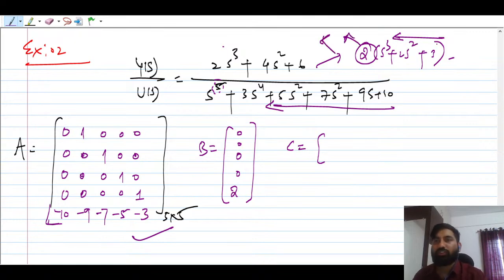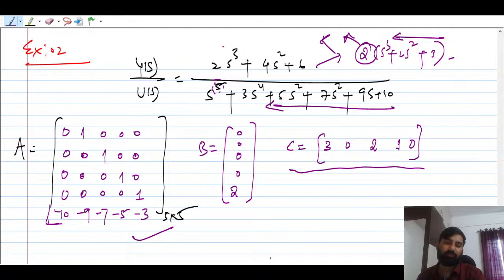So you write these coefficients. You start with D, next should be S, because one S term is missing, so you can say 0, then 2, then 1. I hope this makes sense. And one term is not present, so you can say 0. So this is C.